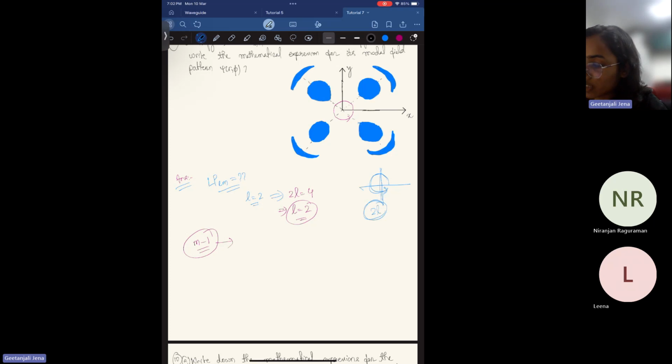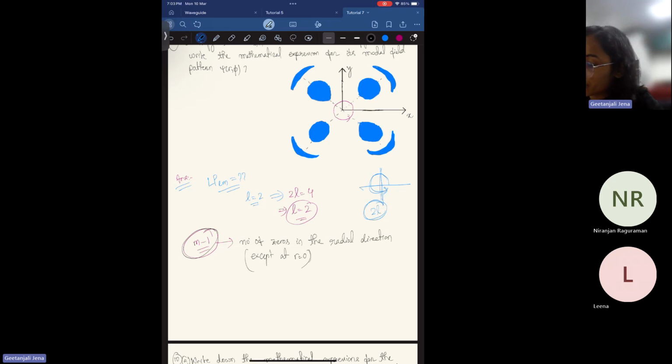No, it's not 1 actually. So it's 2. This formula M minus 1 tells the number of zeros in the radial direction except at r equal to 0. So we are not going to consider the r equal to 0 point.